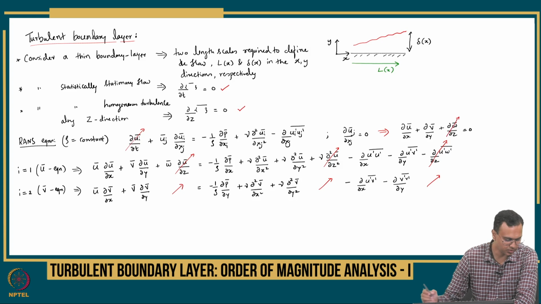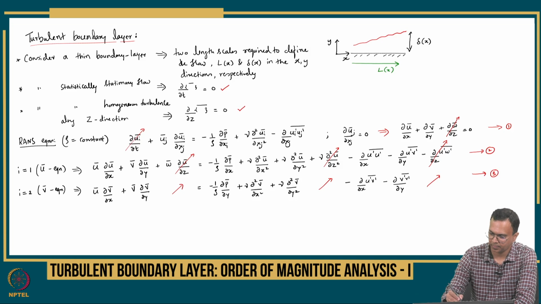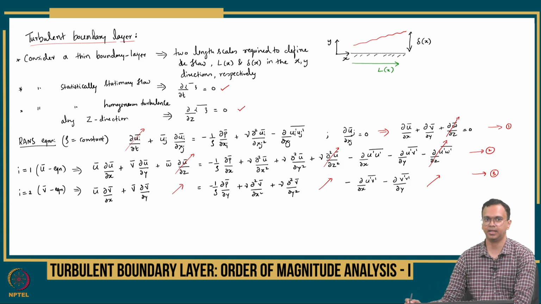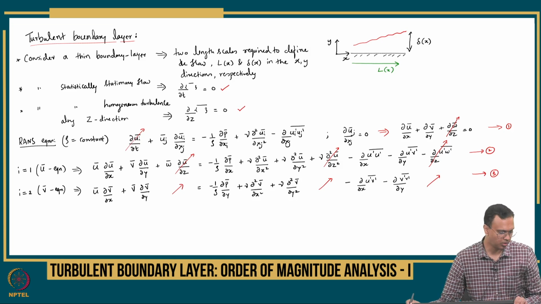So these three equations here constitute, let's call this 1, 2 and this 3, what is typically called the shear layer equations. Okay, the planar shear layer equation for a thin shear layer or a thin boundary layer.